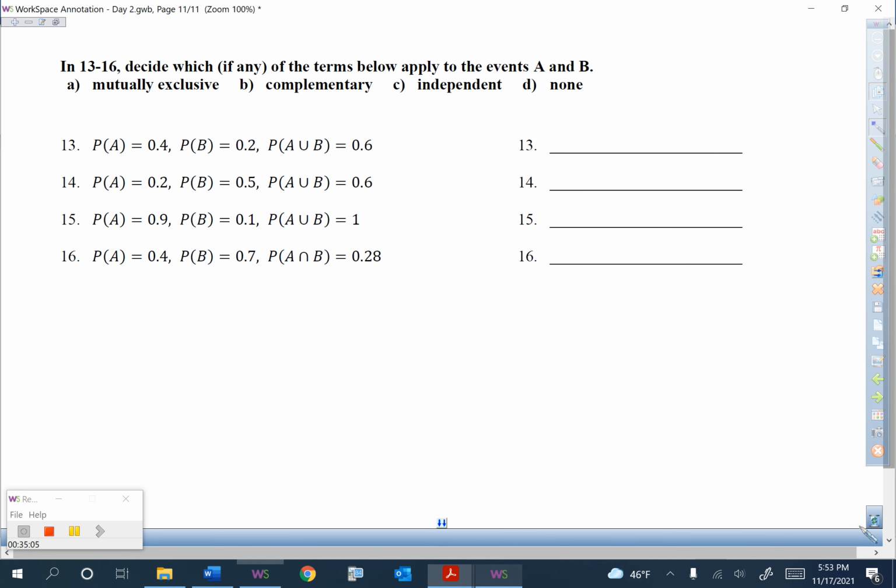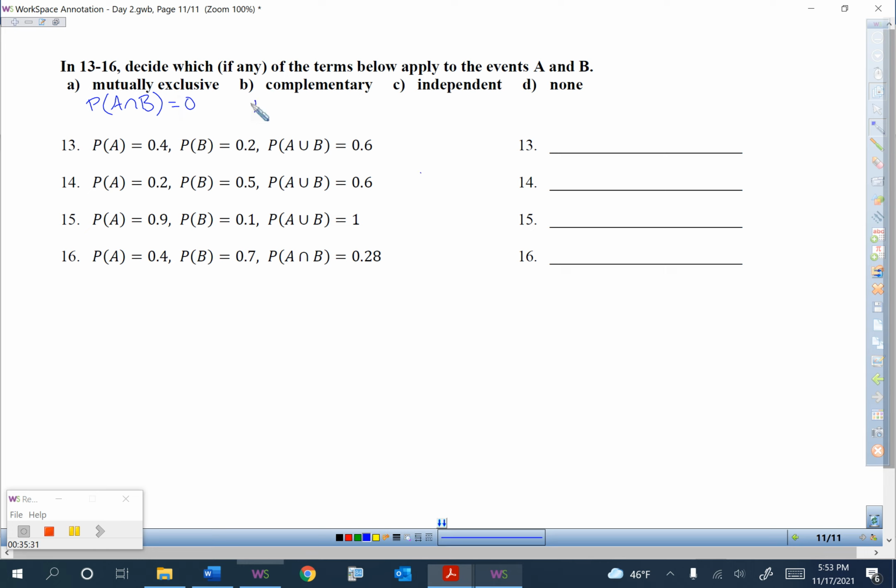All right, last thing here, we're going to talk about some definitions from this chapter again, and we're going to use math symbols to do it because that's what they're using here. We know mutually exclusive means there is no overlap, but mathematically that says that the intersection does not exist, which means the probability of the intersection is 0.